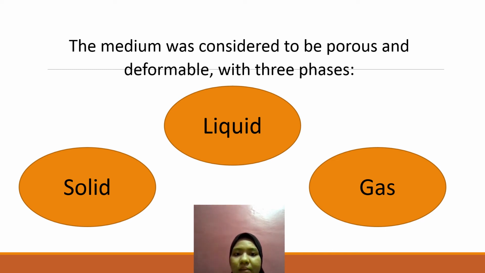So the medium was considered to be porous and deformable with phases. Phase one is solid, which is the batter. The second is liquid, which is water, and the last one is gas, the combination of vapor and CO2, carbon dioxide.